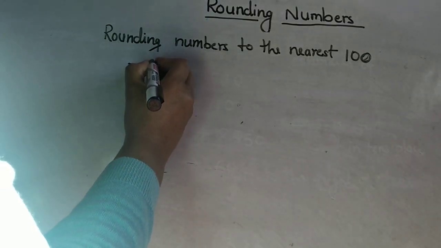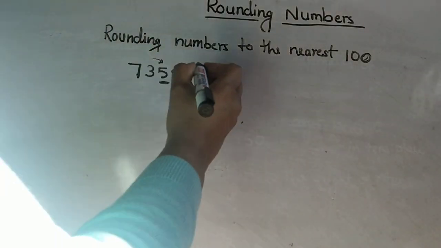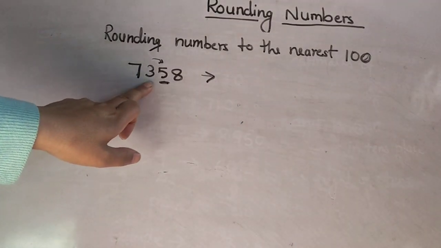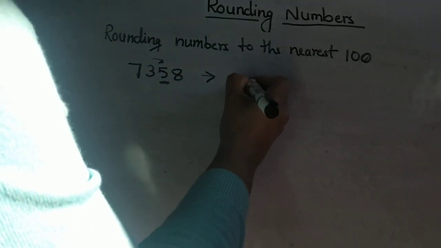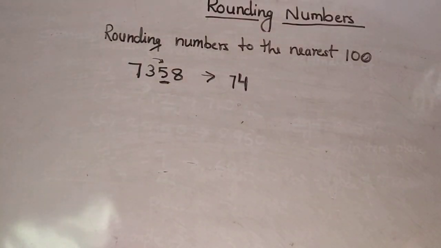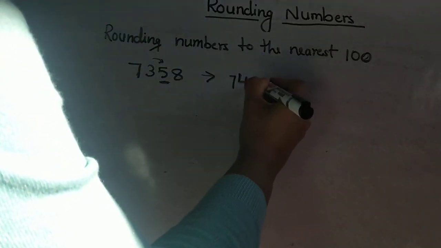This is 100 place, right of 100 place, tens place. If the digit is 5 or more than 5, add 1 to the 100 place. So it will be 474. Second step, change all the digits to the right of 100 place to 0. Right of 100 place, tens and ones. These two places will be 0.